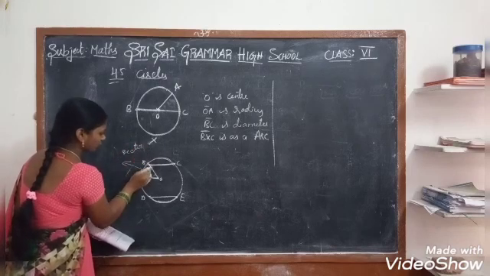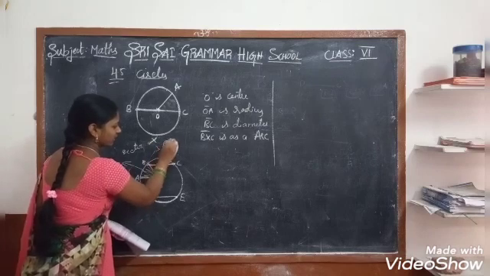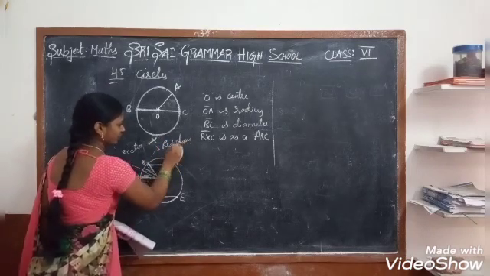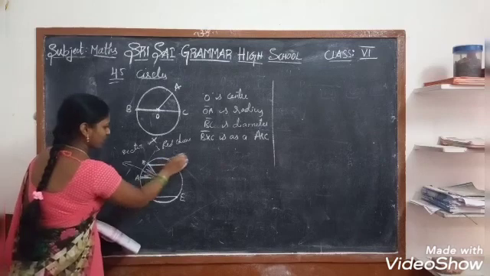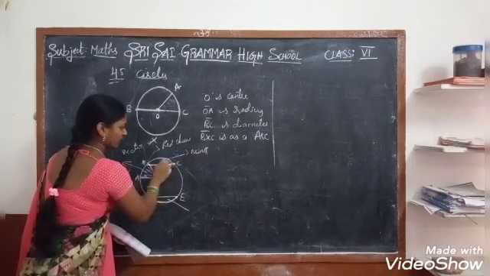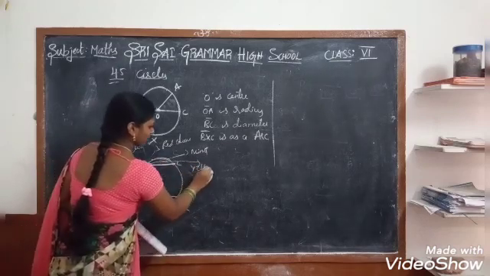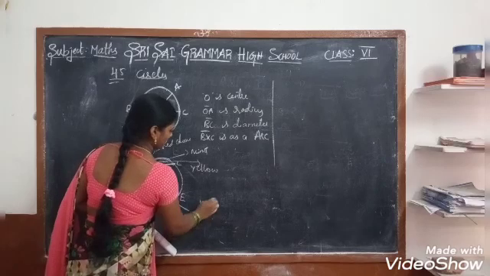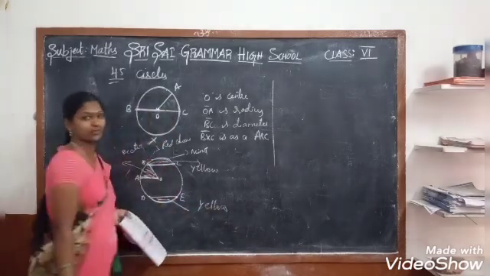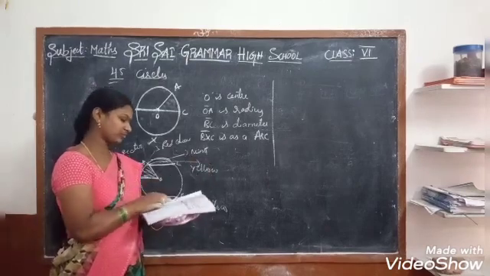For this we have to draw with red color. Now the upper part and the lower part are minor segments. For this we have to shade with yellow. Understood how to draw?